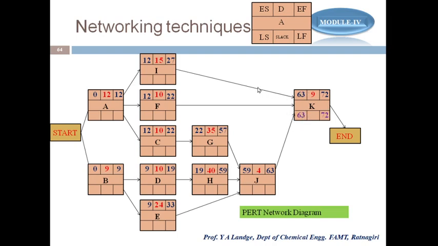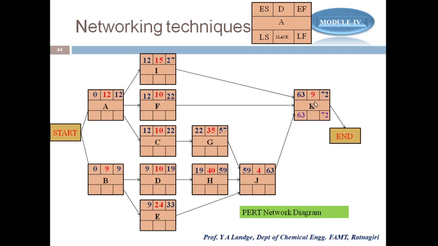Then you see here for K, I, F and J are the predecessors. It means for I, F and J, what is the latest finish? The latest finish is the latest start of the forward activity. Which is the forward activity? The K activity is the forward activity.